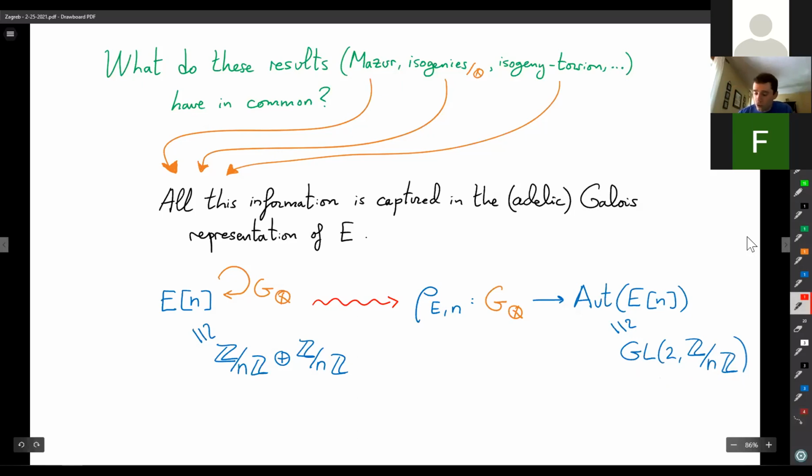What we're going to do later on is put all the information together into what we call the Tate module of the elliptic curve.